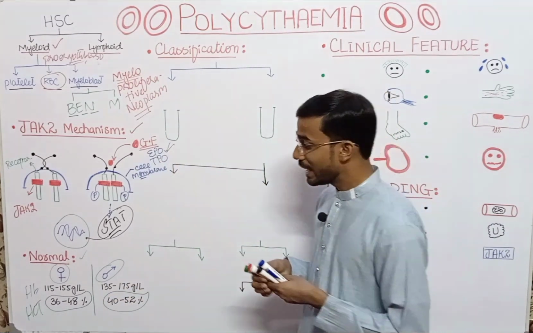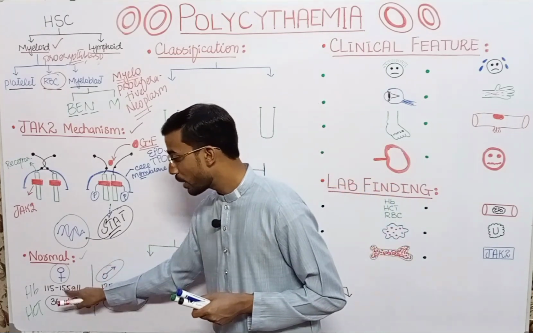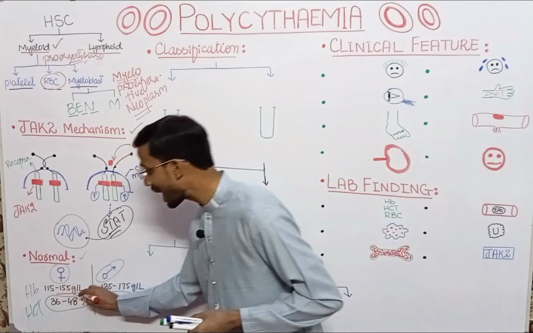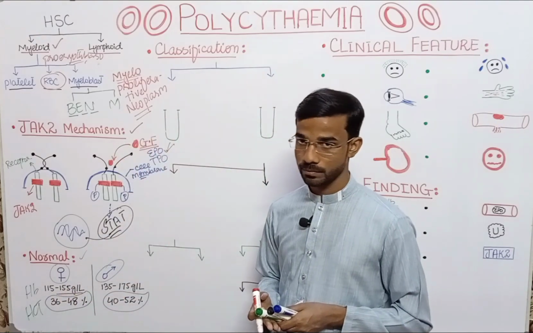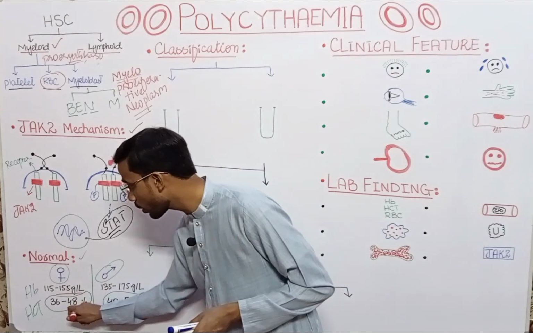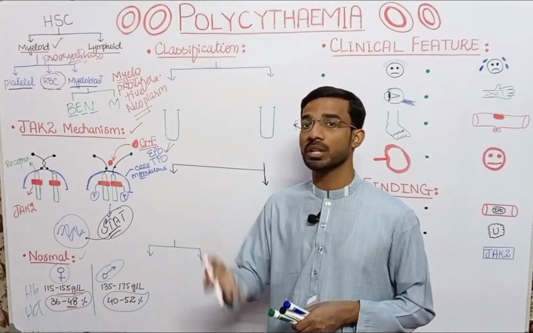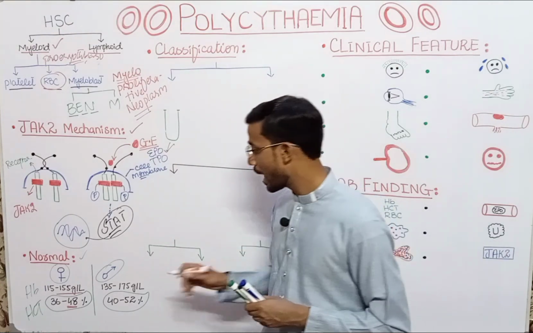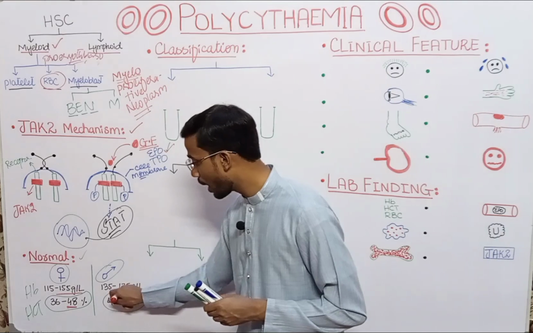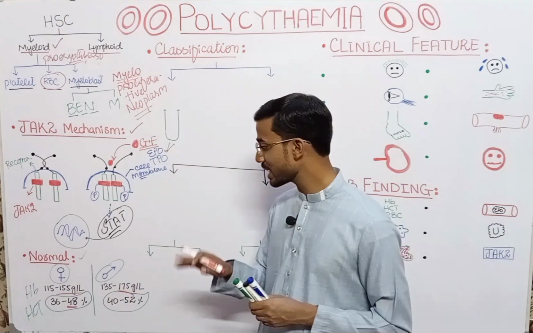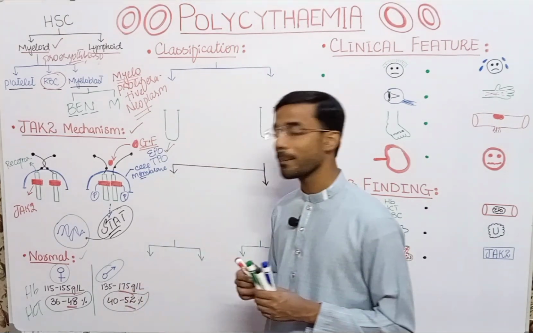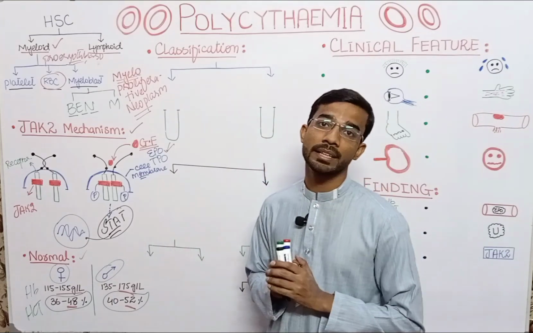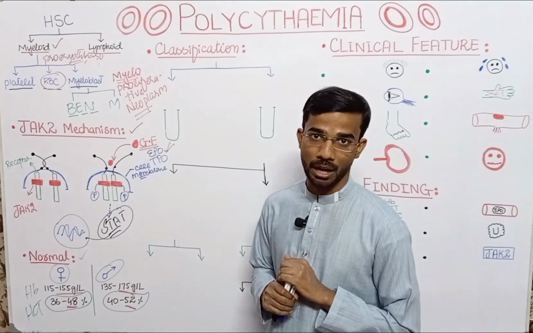52%. But if the hemoglobin concentration increases in the female above 155 gram per liter, or if the hematocrit increases above 45%, then it results in polycythemia. Same in the male, if the hemoglobin increases above 175 gram per liter and the hematocrit above 52%, then you will see polycythemia.